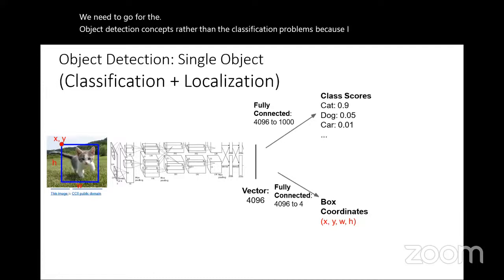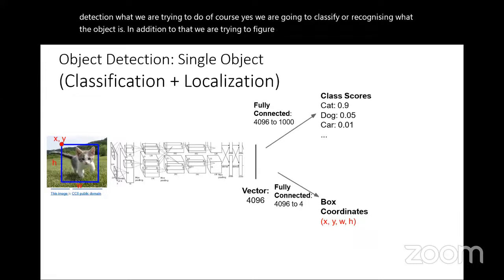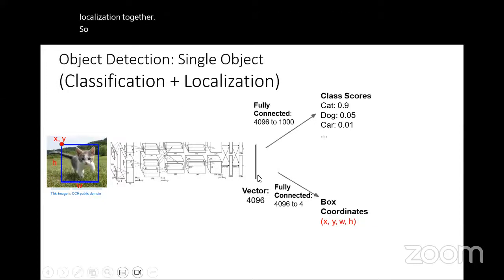Because in object detection, of course, we are going to classify or recognize what the object is. In addition to that, we are trying to figure out its location. That is called localization. So object detection can be described as a combination of classification and localization together. As you can see in this diagram, we have the output feature vector, the latent features.